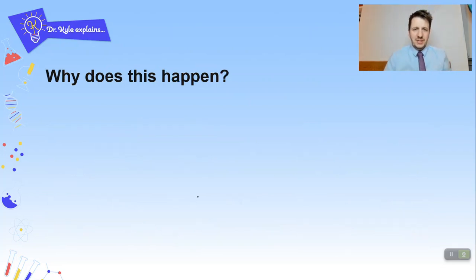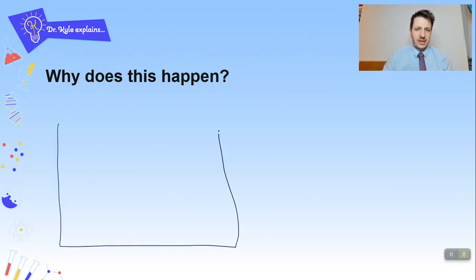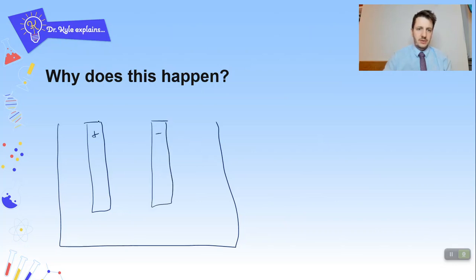Okay, so why does this happen then? Let's just go into a little bit of explanation. So if we draw out our electrolysis tank, just here, and stick in our electrodes, positive and negative just there, and then draw in some power. So hopefully we can see we've got our electrolyte solution.